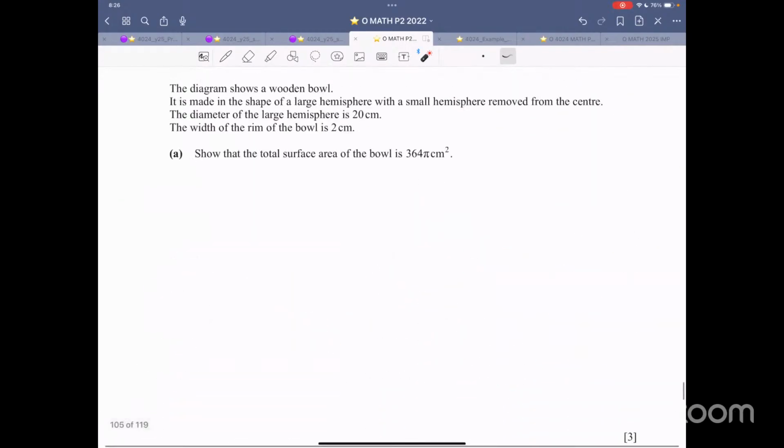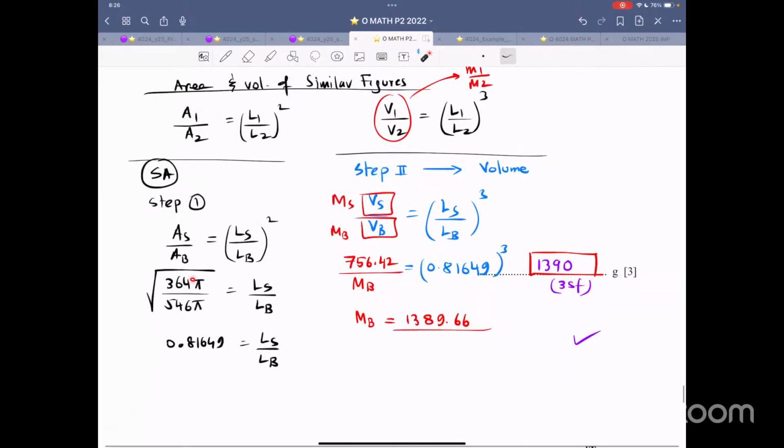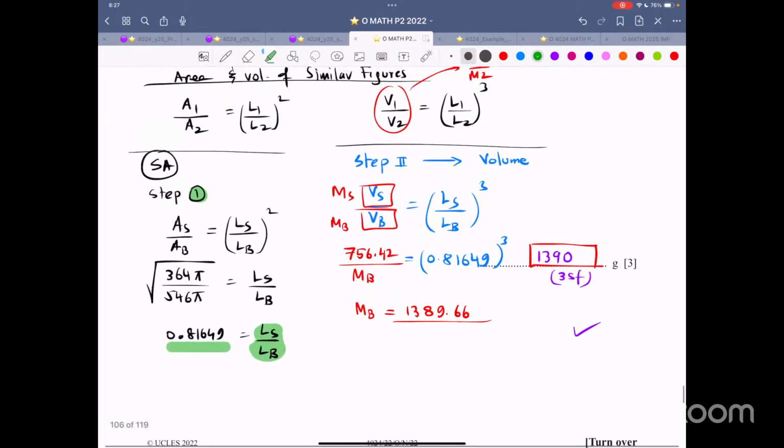The previous surface area is 364. So small, big, divide, take the square root. That's the ratio of the length. You don't need individual length, you just need the ratio. So that is the first thing that is done. That is ratio of length, right over here.